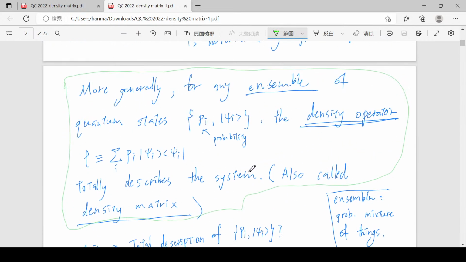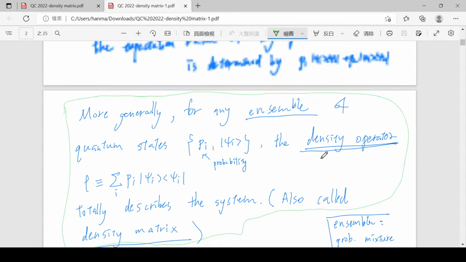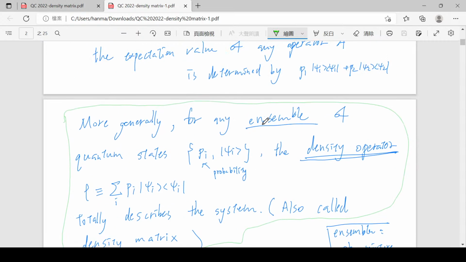First we have this equivalence between the ensemble interpretation of a whole bunch of quantum states and this density matrix. The ensemble is just what we said: a classical probability mixture of things, and here the things are quantum states.